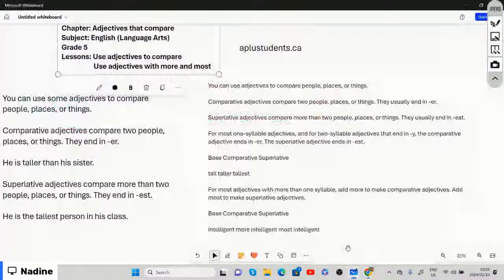So our chapter is adjectives that compare.